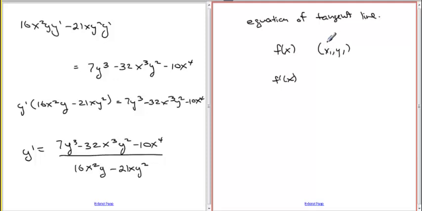So what I'm asking for is the slope of the tangent line at x1. So you take the derivative of the function, then you evaluate it at x1. So you get a number. That's your slope. Then use the point slope formula in your equation. So you plug in x1, y1 in the slope, and then you solve for y. So make sure you know how to do those.